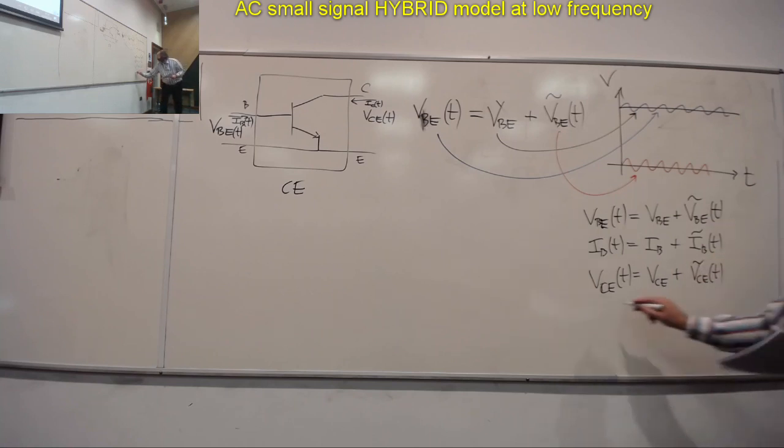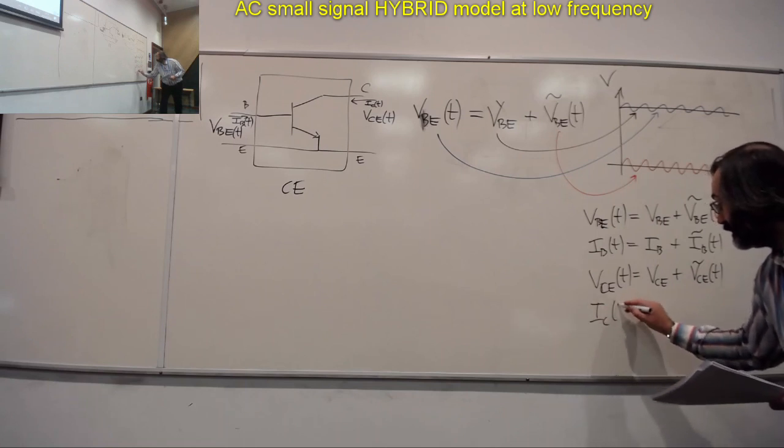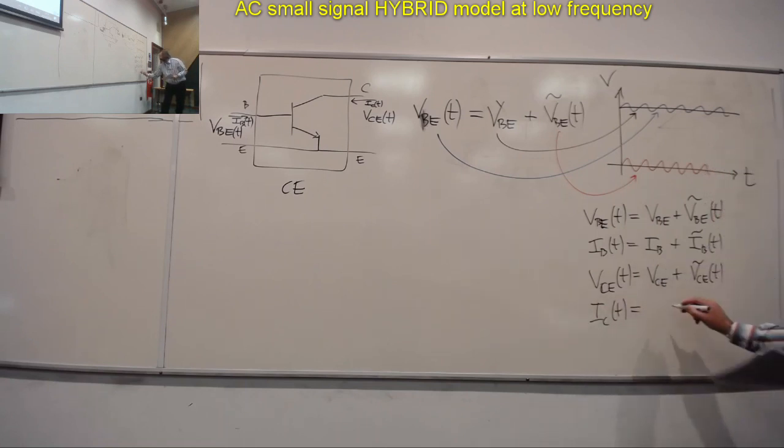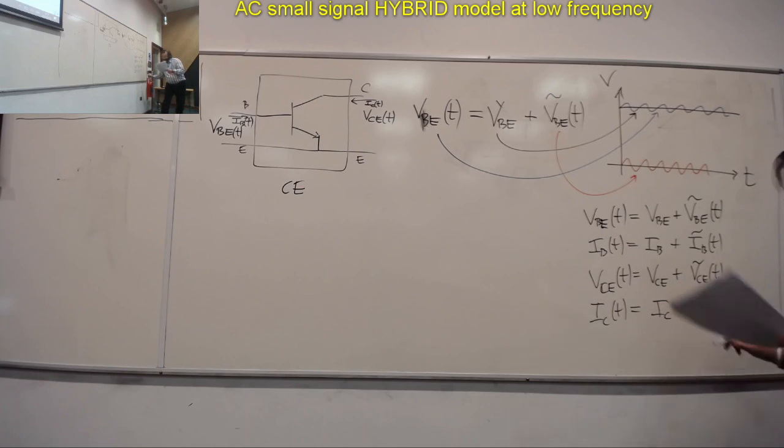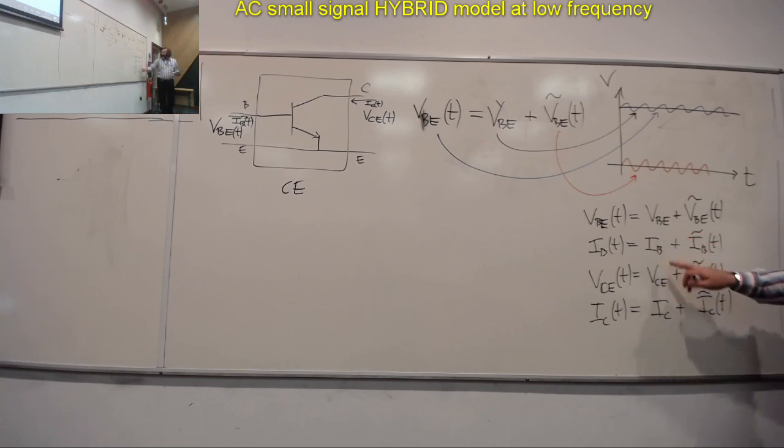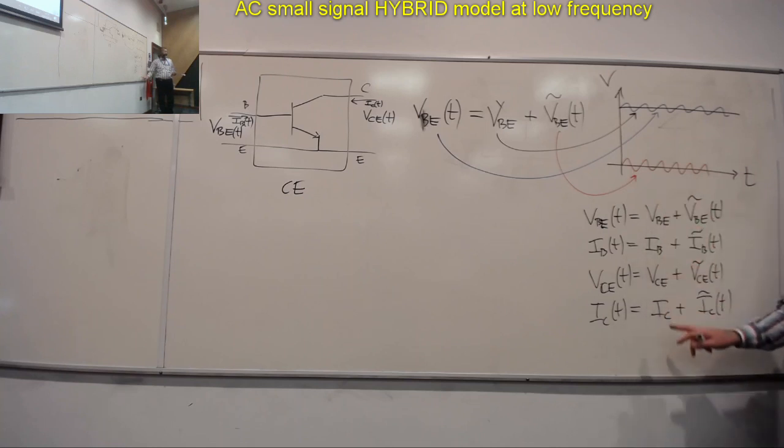And finally, IC will be IC plus IC tilde T. What do these four quantities here represent? First of all, are these AC or DC, according to what we've said? These are all DC. How did we call these last week?